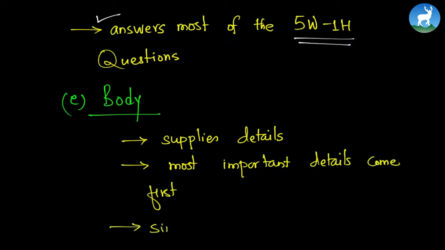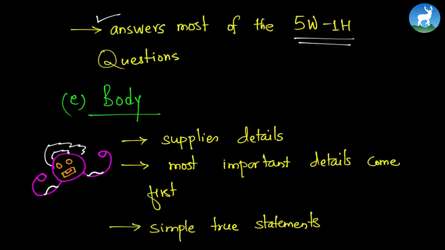Afterwards, simple, true statements are used. So we are talking about this body, not that body. The body supplies details, as you can see in the picture. Jokes apart, it supplies details. The most important details come first.